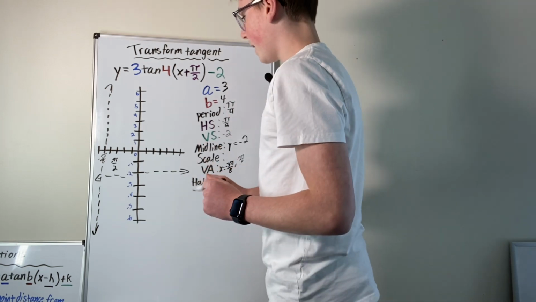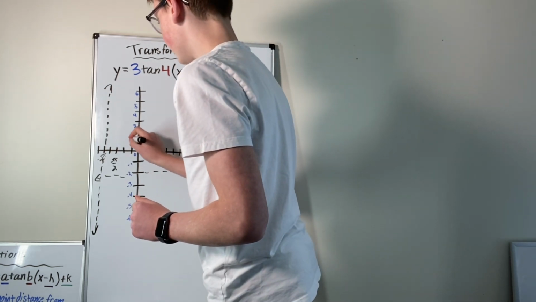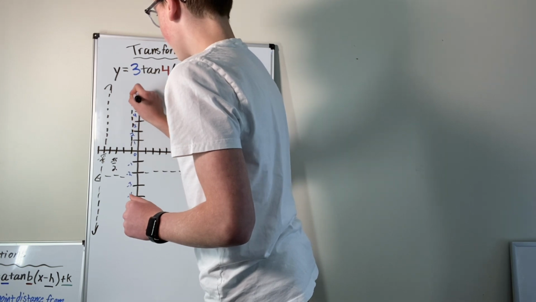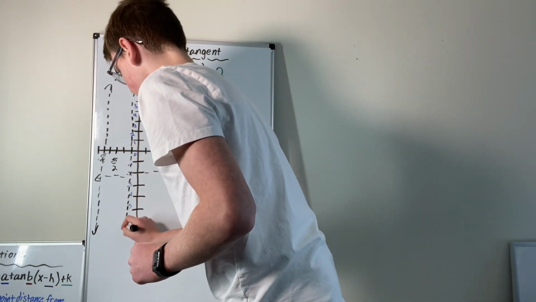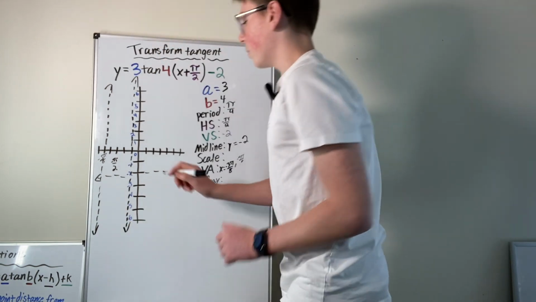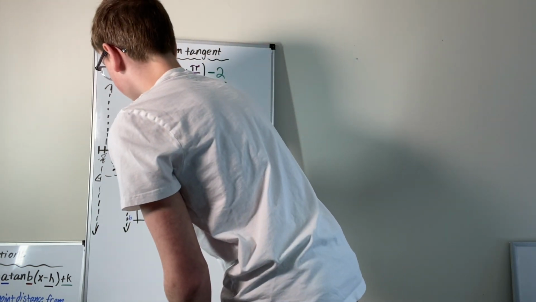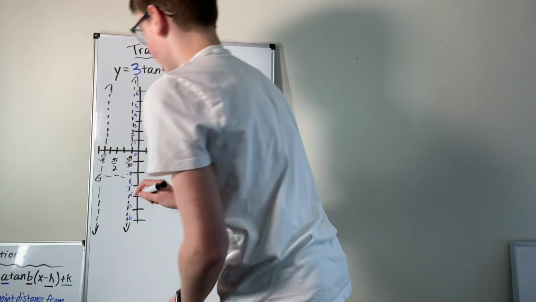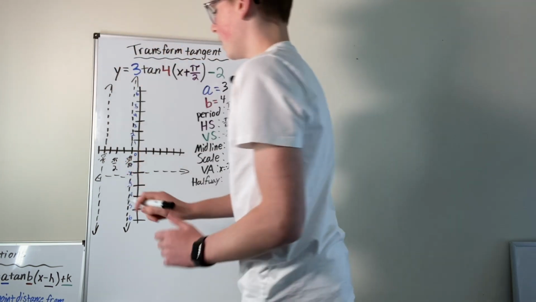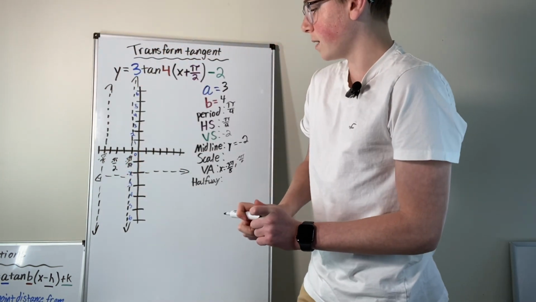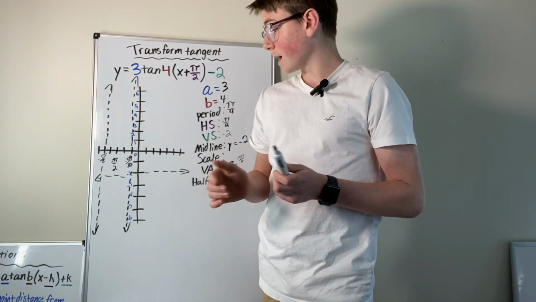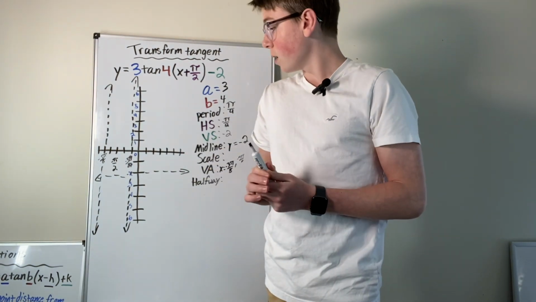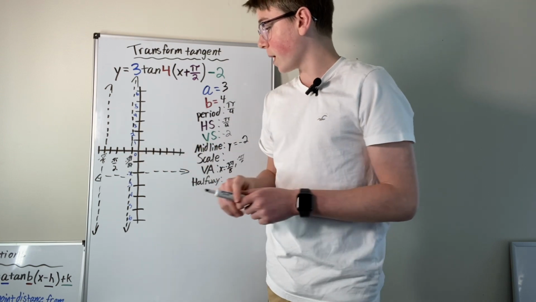Then negative 3 pi over 8 we're going to put here. So we have negative 5 pi over 8, then blank, then negative pi over 2, then blank, negative 3 pi over 8. We have our two asymptotes. We have our midway point.